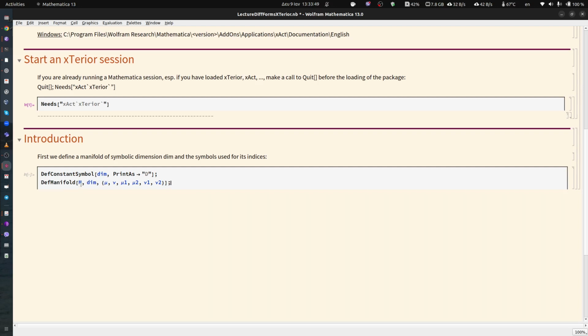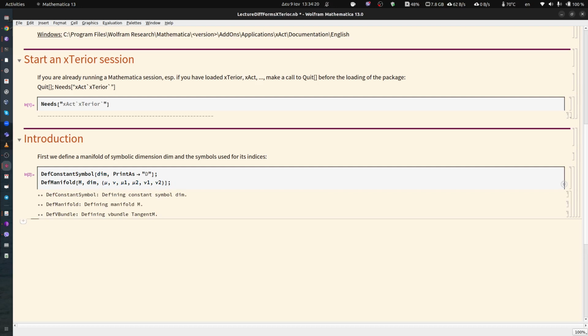Then we declare a manifold by using the function defManifold. The first argument here, M, is the name of the manifold. So we use M as the name of the manifold that has dimensions DIM, unspecified, and then we put a list of the indices that refer to geometric objects defined on this manifold. The choice here can be anything you like, and the list can be as long as you like.